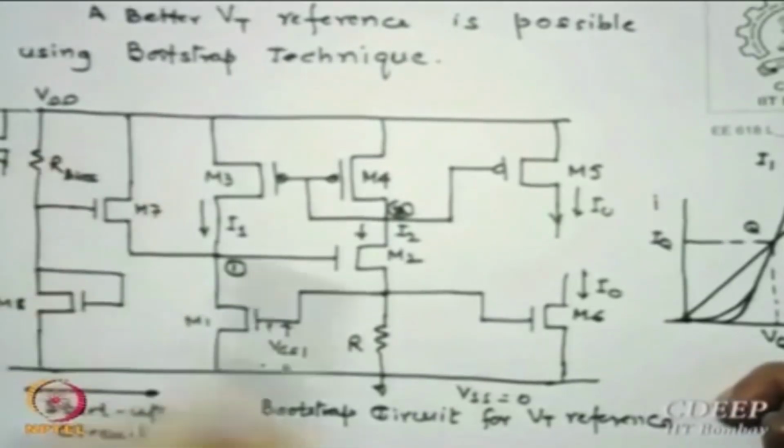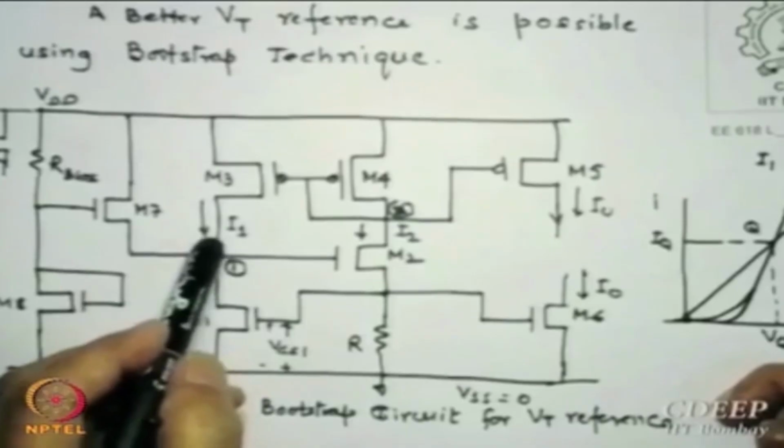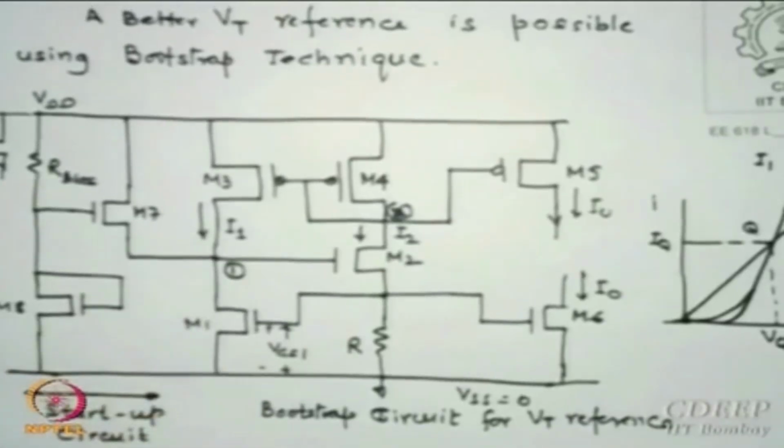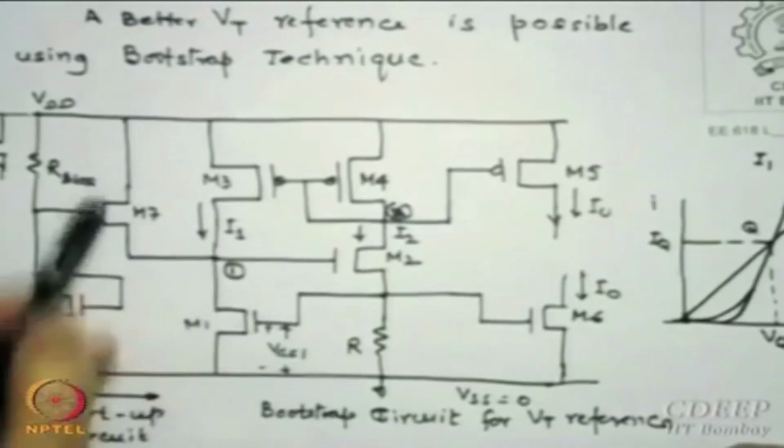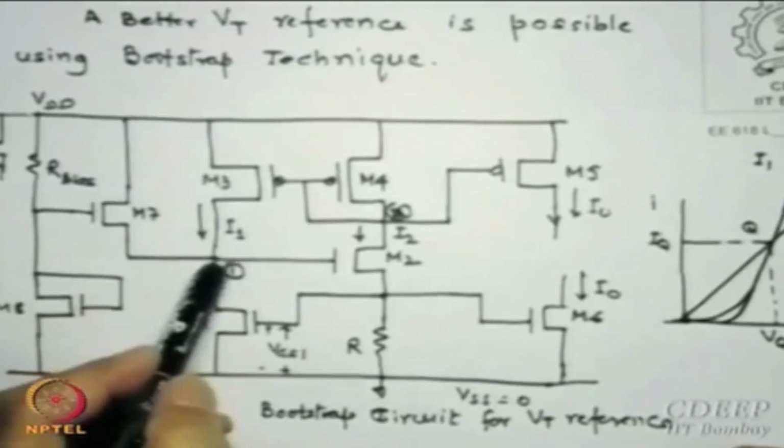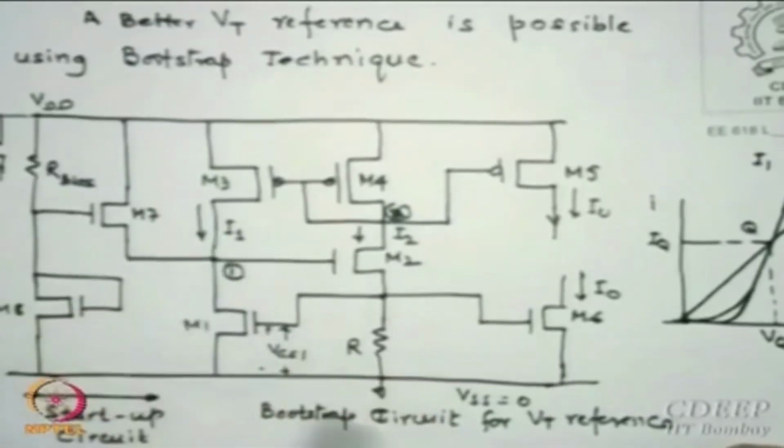As soon as M7 starts conducting, the I1 starts flowing down, because this current has no path here, no path here, so it starts conducting through M1, is that correct? As soon as M1 starts conducting, what will happen to VGS? It will appear now.